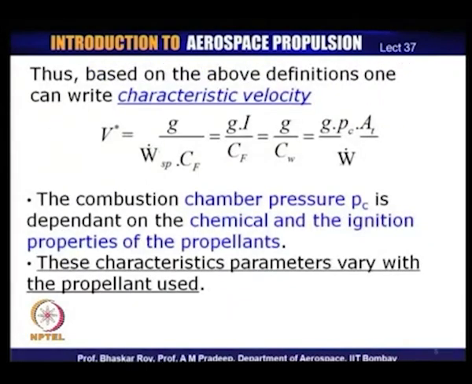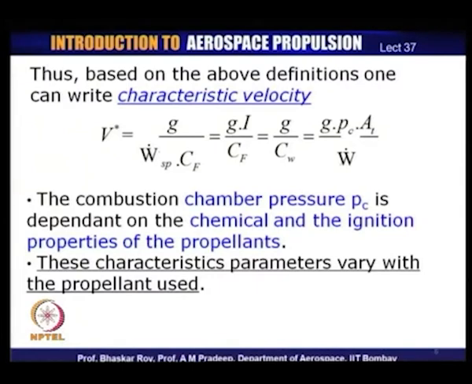If we move forward, we find that the characteristic velocity can also be expressed in terms of V star, and in terms of weight flow coefficient, and as a result we get an expression which is V star finally would be equal to G into P C into A T, which are the combustion chamber pressure and the throat area, divided by the weight flow.